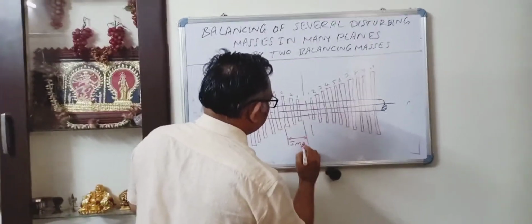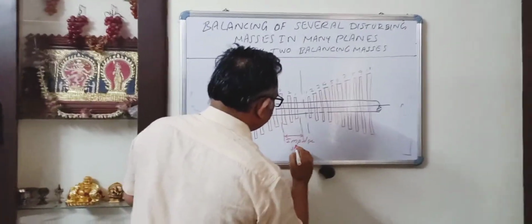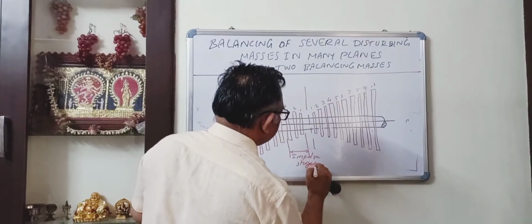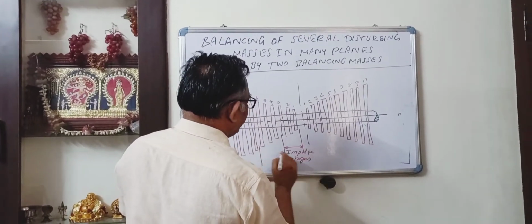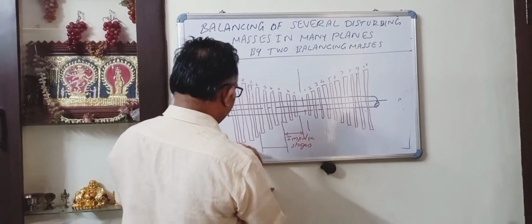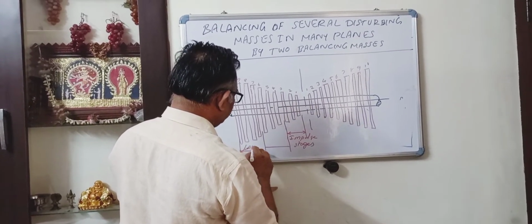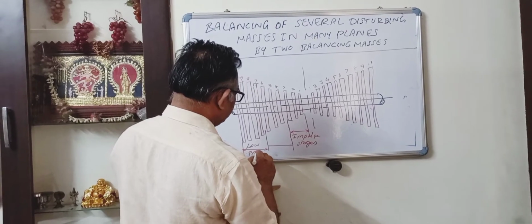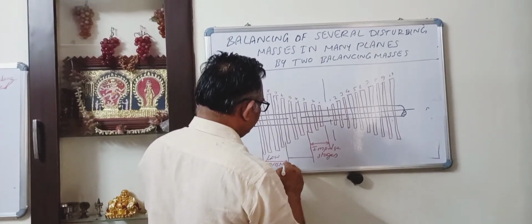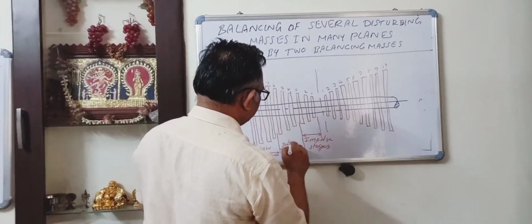See, some impulse stages will be there. These are called impulse stages. Then there will be some intermediate pressure stages, and this area is low pressure stages, whereas this is intermediate pressure.